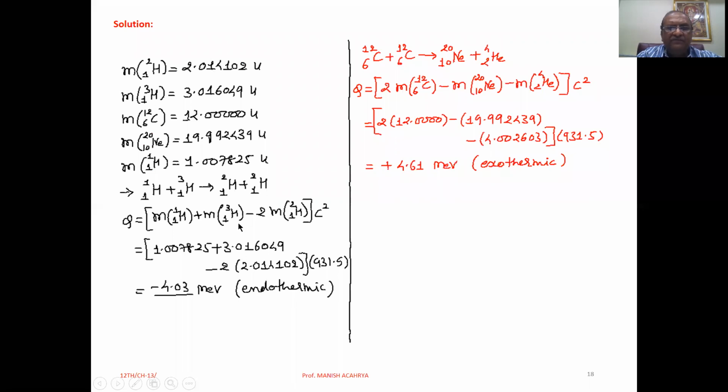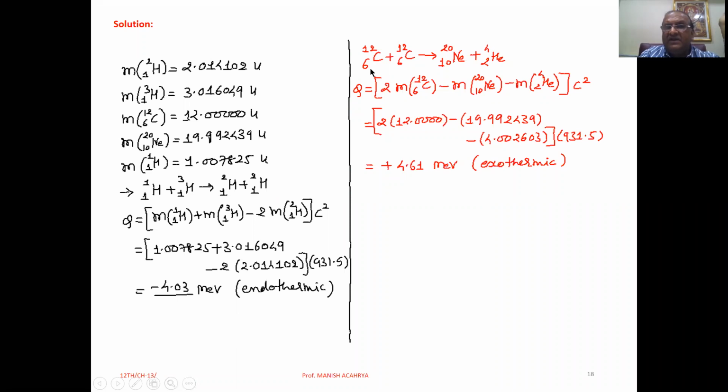Then the first reaction, 1H1 plus 1H3 gives 1H2 plus 1H2. Then the Q value is the left-hand side mass minus the right-hand side mass, into c square. Substitute the values of all the masses, then multiply by 931.5. When you solve this, your Q value will be minus 4.03 MeV. So when the Q value is less than 0, the reaction is called endothermic.